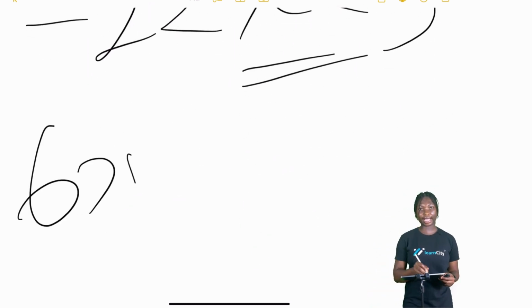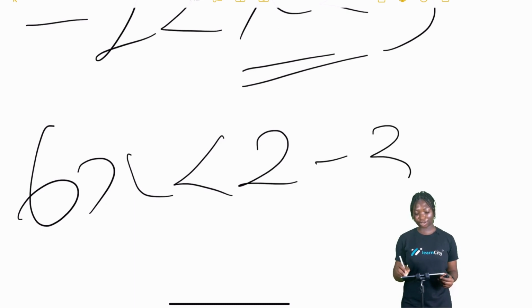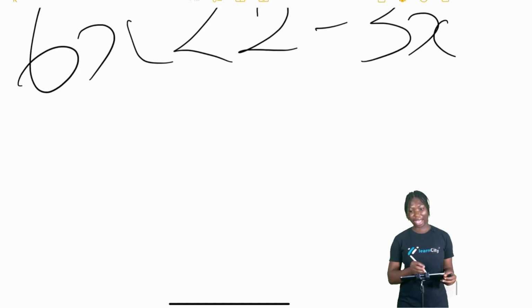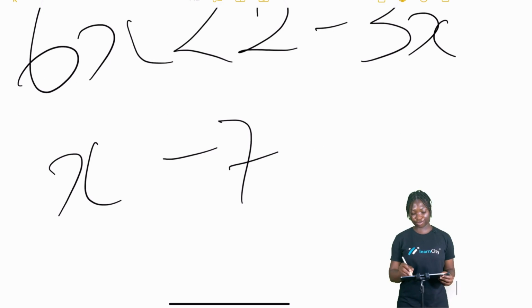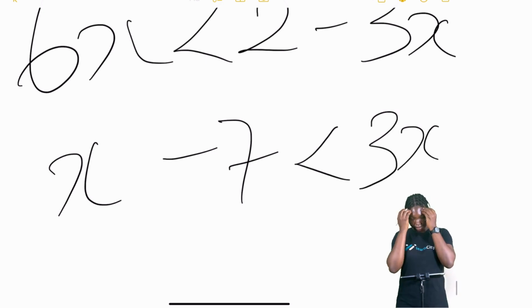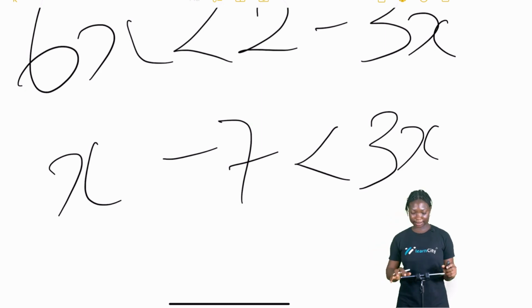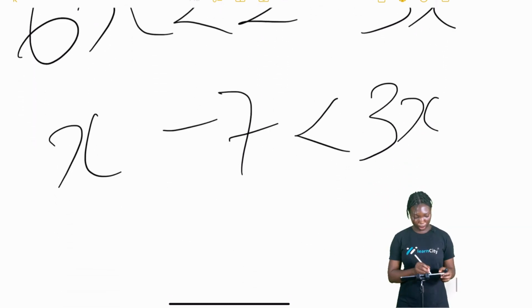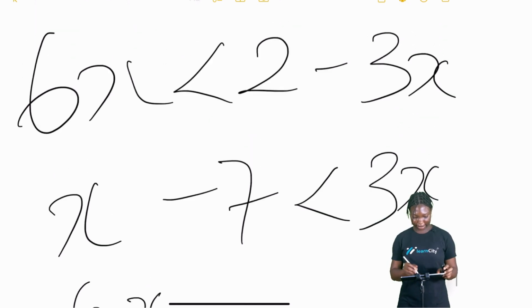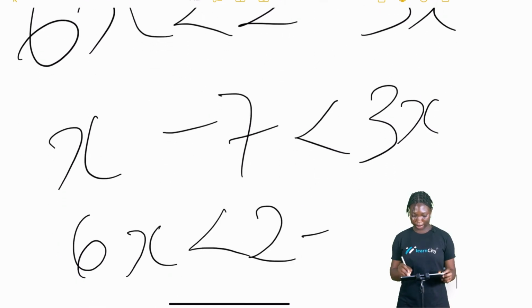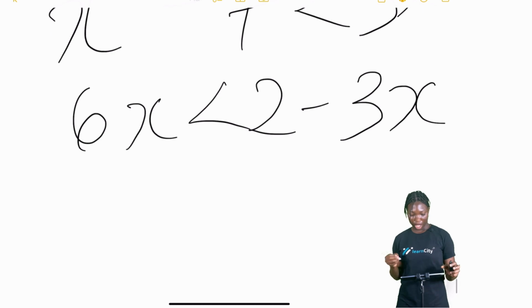Now the next example: we have 6x less than 2 minus 3x, and x minus 7 less than 3x. For the first one, 6x less than 2 minus 3x, we bring 2 to this side and 6x to the other side.